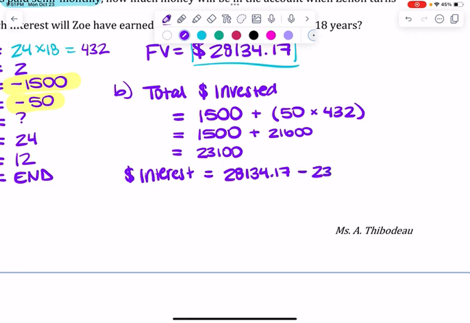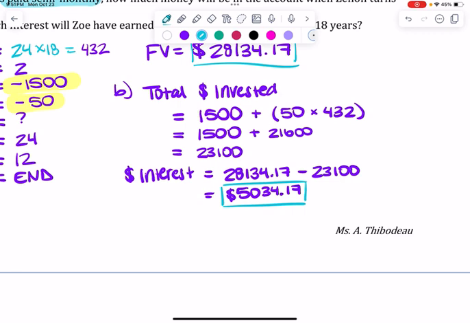And Zoe, Zenon's mom, invested a total of $23,100. The difference between these two values here is $5,034.17. So that is the total amount of interest in dollars that would have been earned in this savings account.